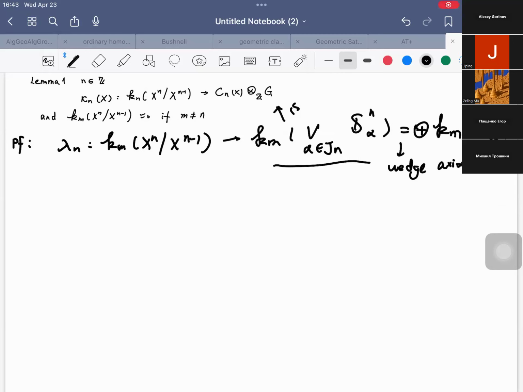So we can give an explicit map from the direct sum to the product, to the co-products.